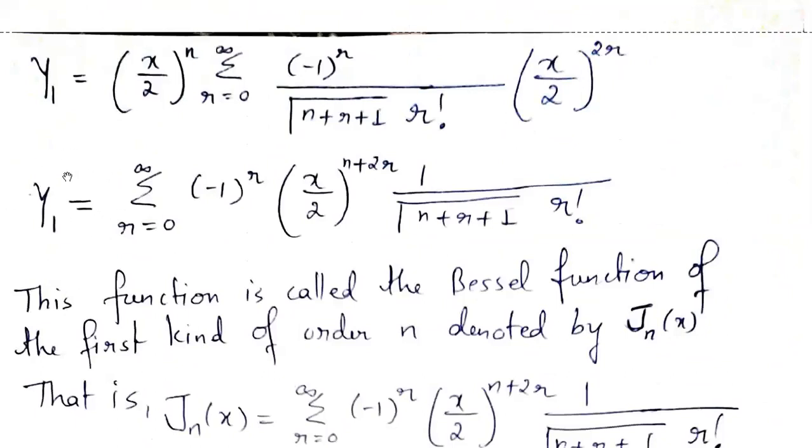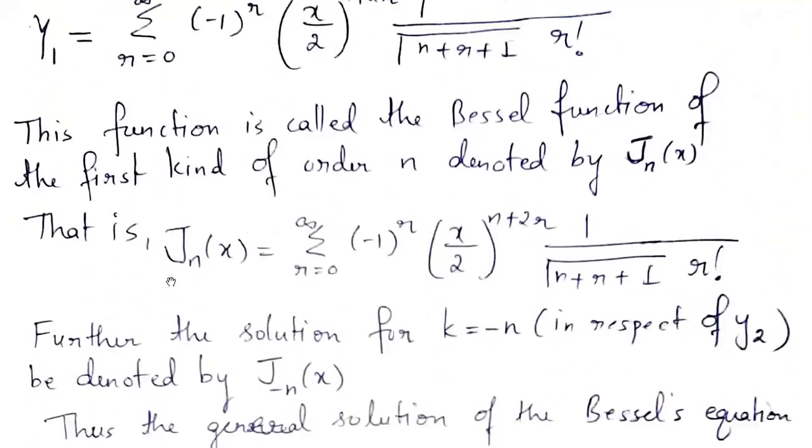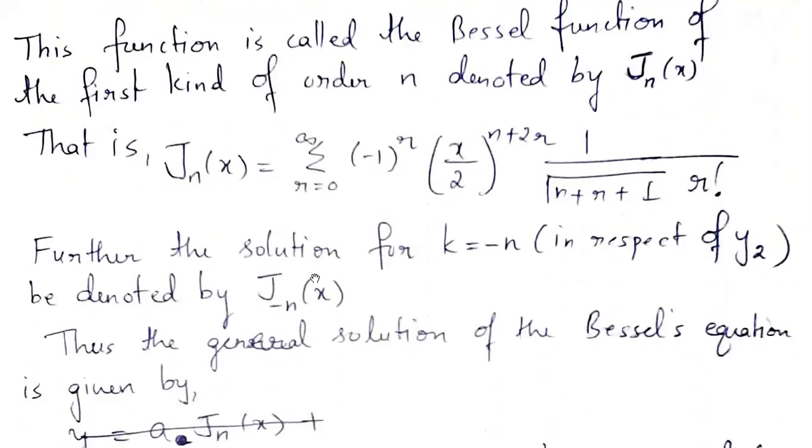So now please note we have taken only one case here so far, that is capital Y1, that is by taking the value of k equal to plus n. Now here we can consider one more case also, that is further the solution for k equal to minus n, that is by considering the value of Y2. If you calculate that, it will be denoted by J minus n of x. So how do you get the general solution now?